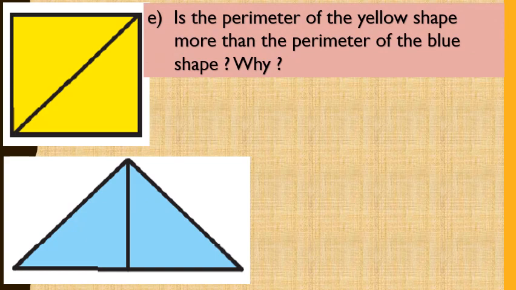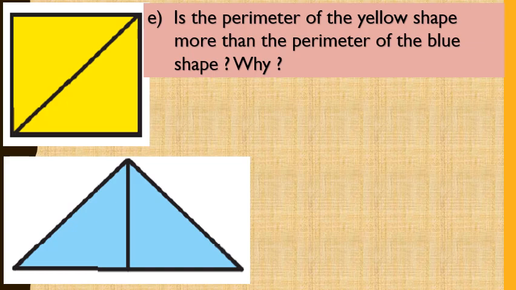Now next, is the perimeter of the yellow shape more than the perimeter of the blue shape? Why? Children, we know that a perimeter is the length of the boundary of a shape. By measuring with scale, we can see that the length of the boundary of the blue shape is more than the length of the boundary of the yellow shape.